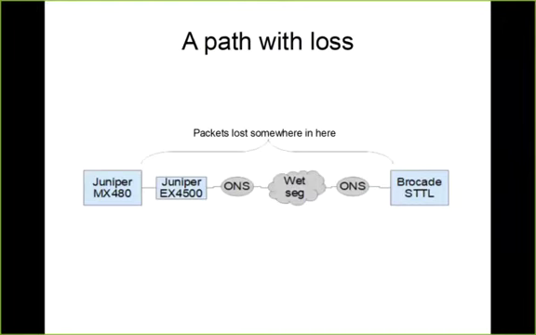But so this is a simplified diagram of what we were looking at. When this link was built, the MX480 on the left was actually a Juniper M120, and it didn't have the facility to work with layer 2, layer 3 stuff in the same way that an MX480 did.